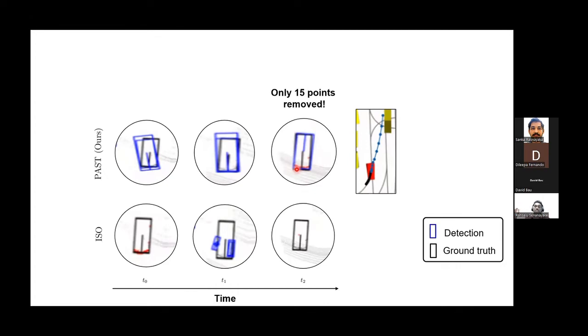So what has happened? The direction has completely changed in the detection. In the ground truth it's going down, but if you remove just 15 LiDAR points from the front of this car, the computation algorithm gets confused and predicts that it's going in the other direction.